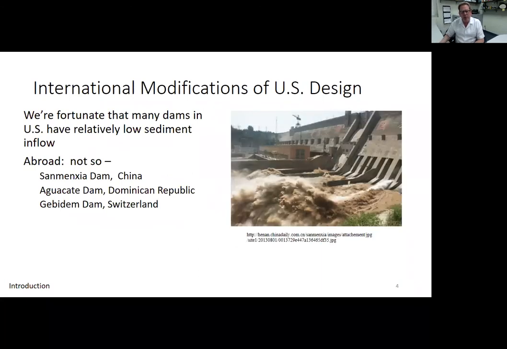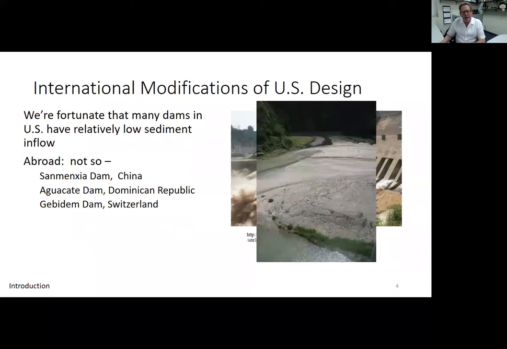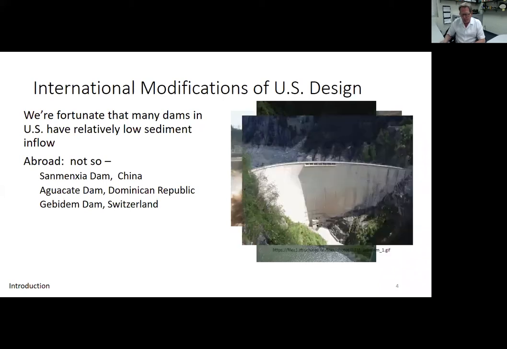For example, the Sanmenxia Dam on the Yellow River in China, the Aguacate Dam in the Dominican Republic at the confluence of two rivers there, the Nisao and Maumita, and the Geberem Dam in Switzerland on the Massa River. All of these rivers carry very high sediment loads. And so the design procedure of essentially trapping the sediment for the economic design life would not work there.